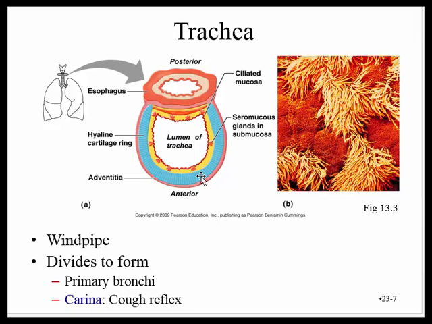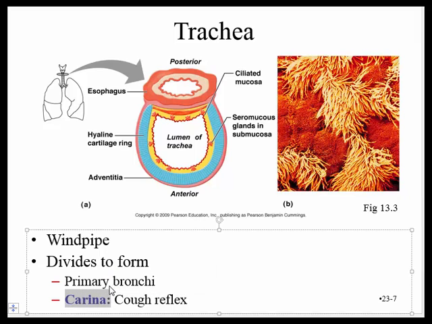But what also happens is that when you are swallowing, for example, the esophagus is right behind the trachea, and so as food moves through the esophagus, it might expand that esophagus a little bit, but the trachea is protected, and it's not going to ever be completely closed off because it has these rigid rings. The trachea at the very base of it has what's called the carina, which is located here.